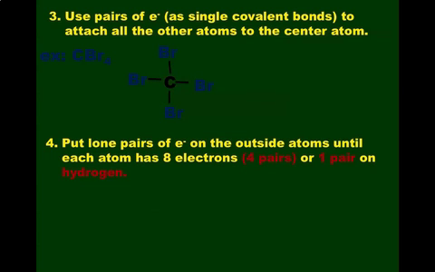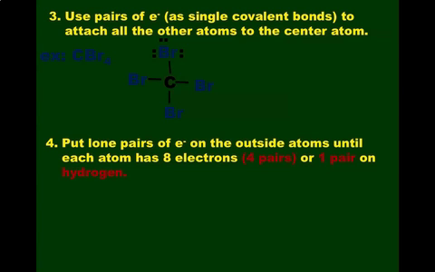Then we keep going because I have 12 more pairs to go, and we put lone pairs of electrons on the outside atoms until each has 8 electrons, which is 4 pairs, or if we're dealing with hydrogen, it's just 1 pair. Carbon already has 4 pairs coming off of it, so it's full. But each bromine only has 1 pair, and it can have 4. So now that top bromine is full.